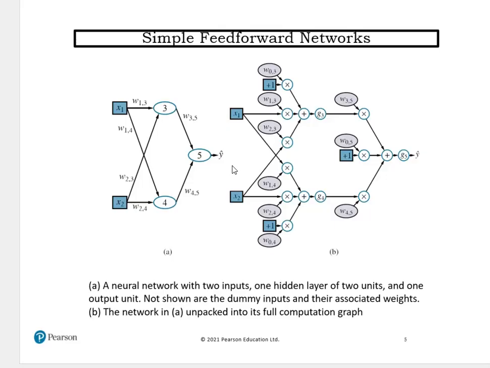Okay, so you can see here, for example, that the first unit will have a bias term, which has a weight of W0,3, and it will have a weight W1,3, which is the multiplier.